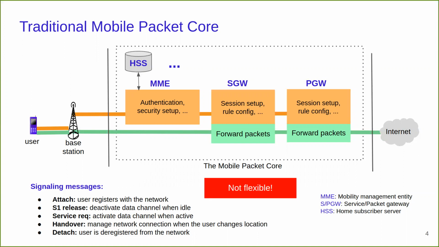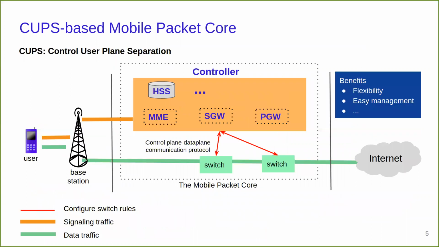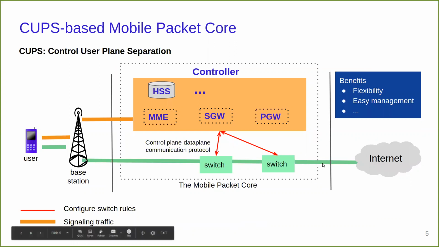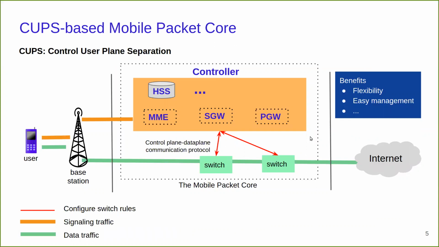Traditional custom hardware appliances have long turnaround times for packet processing modifications. Hence, this architecture is not flexible. The solution is softwareization of the control plane. Towards control plane softwareization, the telecom community has embraced the software-defined networking paradigm and calls this SDN-based architecture CUPS, where the control plane is separated from the data plane hardware and the control plane logic runs on SDN controllers over commodity servers.